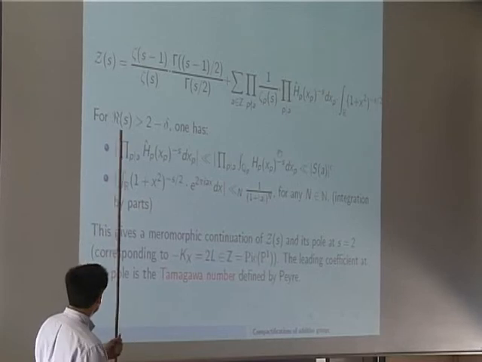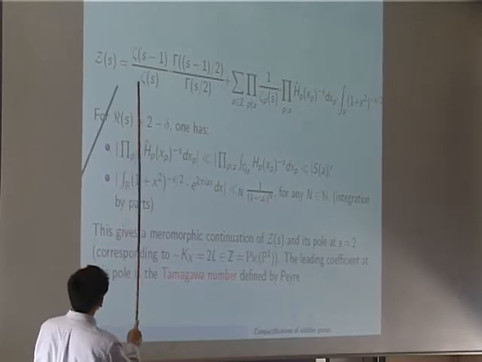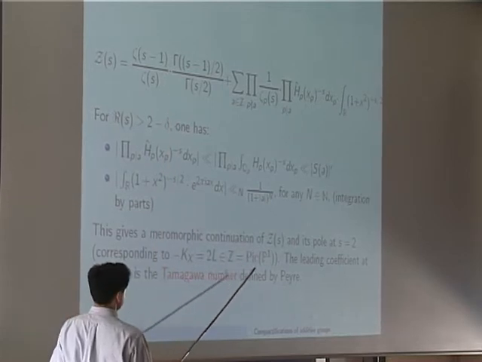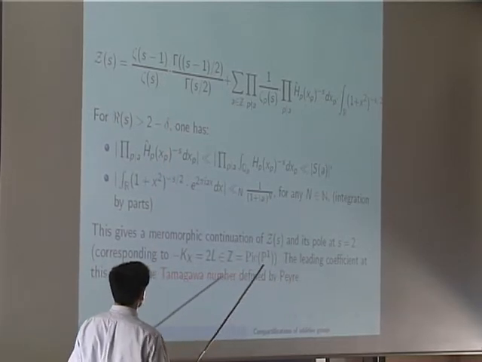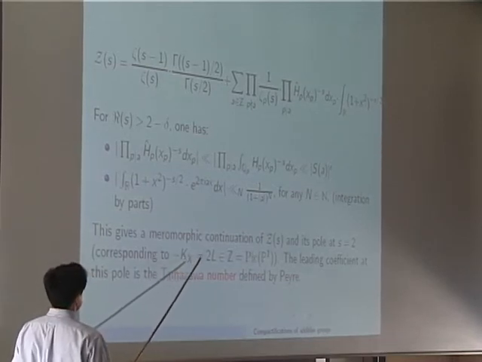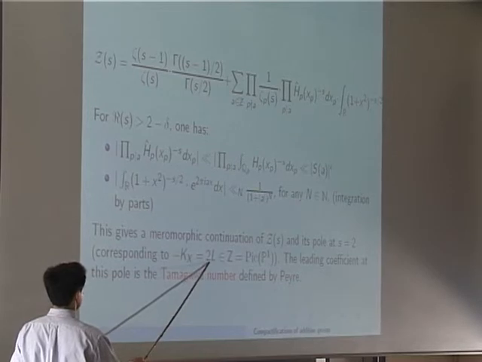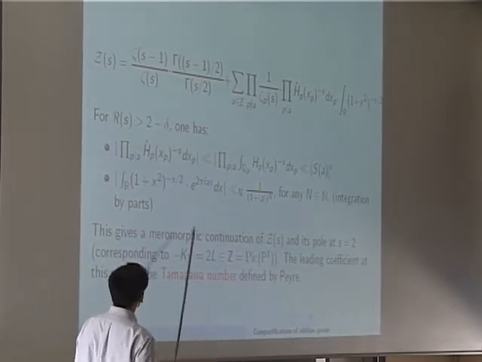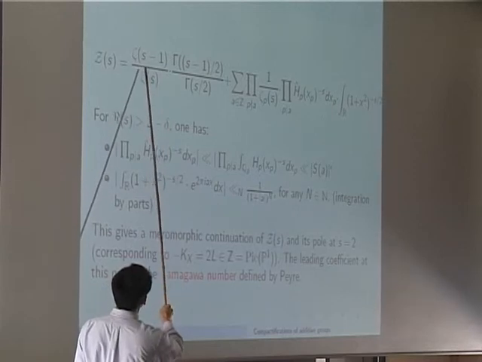So what do we get? The trivial representation gives the expected pole at s equals 2, and now we recall that the anti-canonical class for P1, after all, is O(2), so that's a 2 that shows up. And the leading coefficient at this pole is a product of local densities.